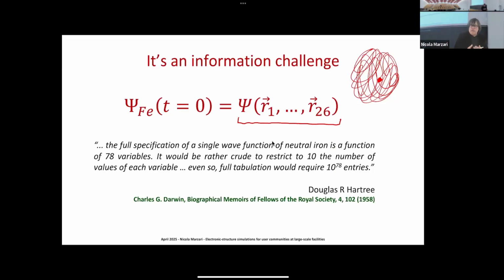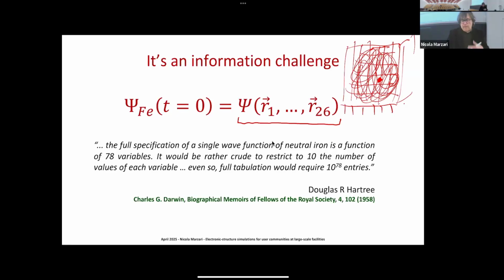Because even if you were to do a very simple coarse sampling, you take a little cube and divide it into 10 slices in each direction, as Hartree, who did computational chemistry in Cambridge, says, we need the value of psi, where R1x can have 10 possibilities, R2x, 10 possibilities, R3x, 10 possibilities, and so on.